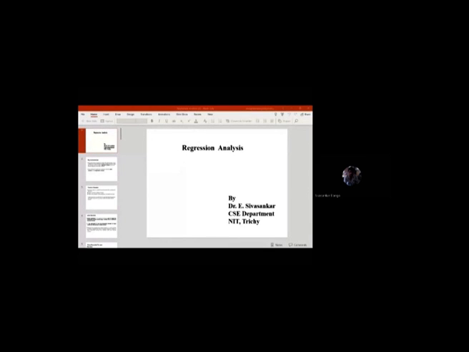Right. So let me share my screen, and I will teach you working with regression analysis in today's class. Regression is a predictive analytics technique. So what do you mean by prediction? Prediction means that based on the past data and current data, we are going to predict the future data.